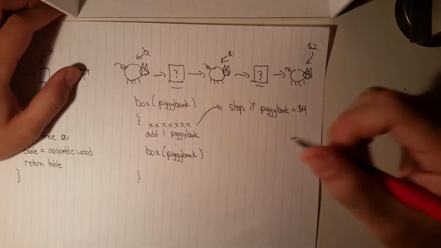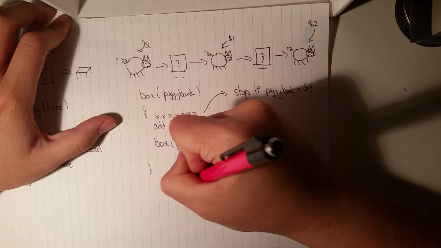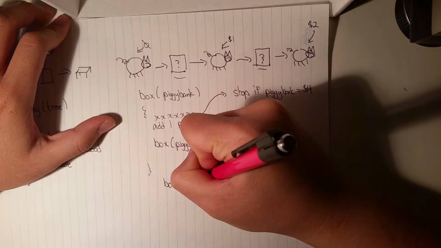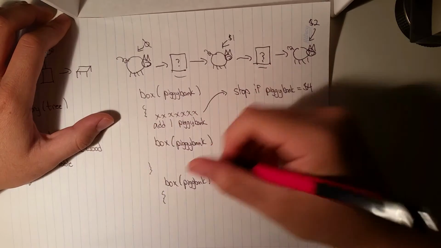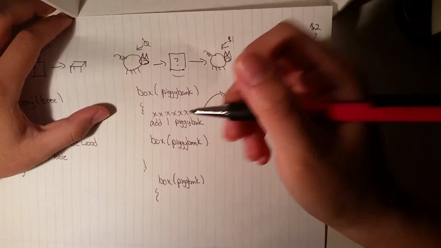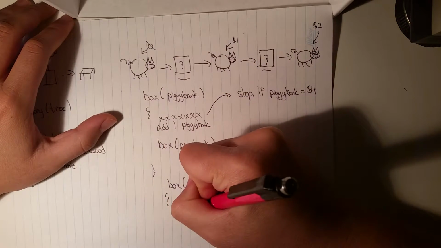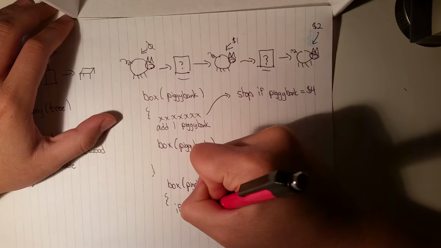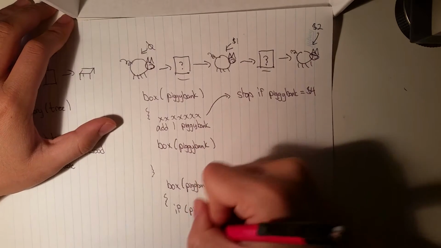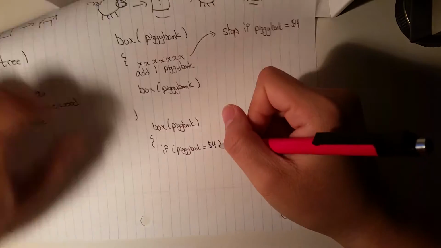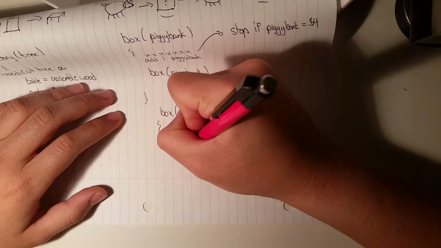So let's rewrite the function. We could say box piggy bank, and we have a check. So a check is generally done using an if statement. You have if piggy bank is equal to $4, then we will exit.